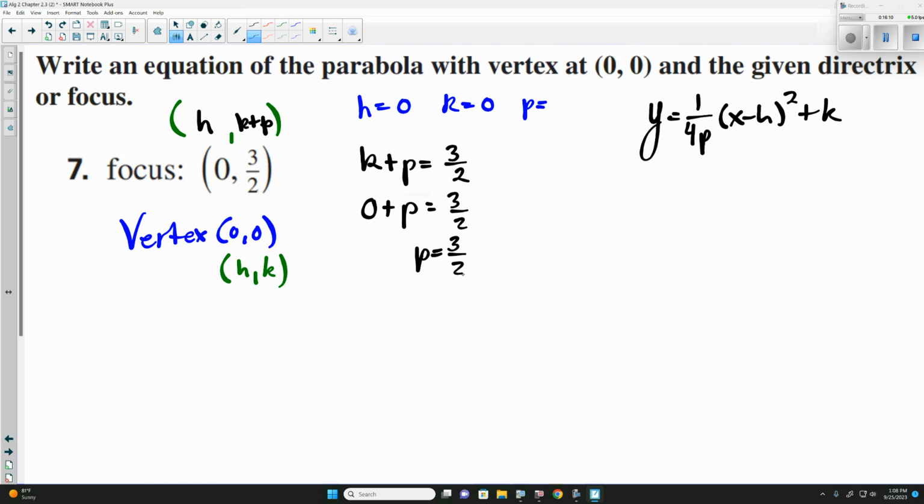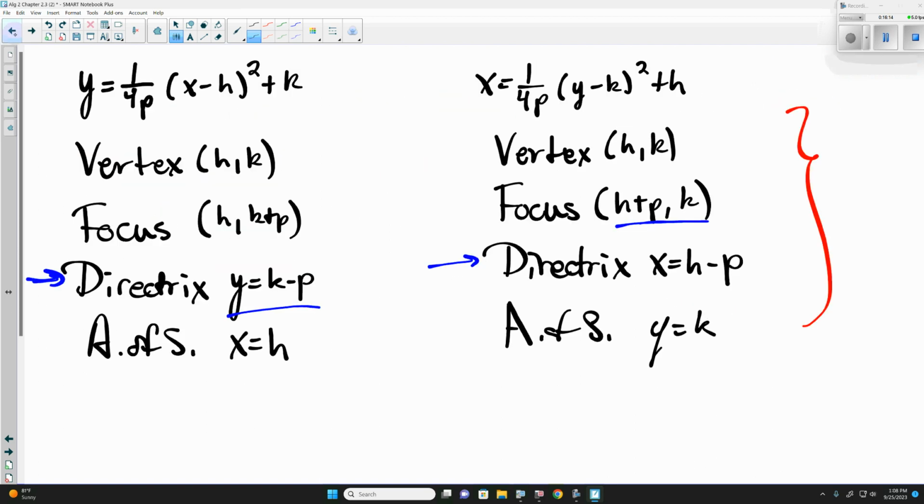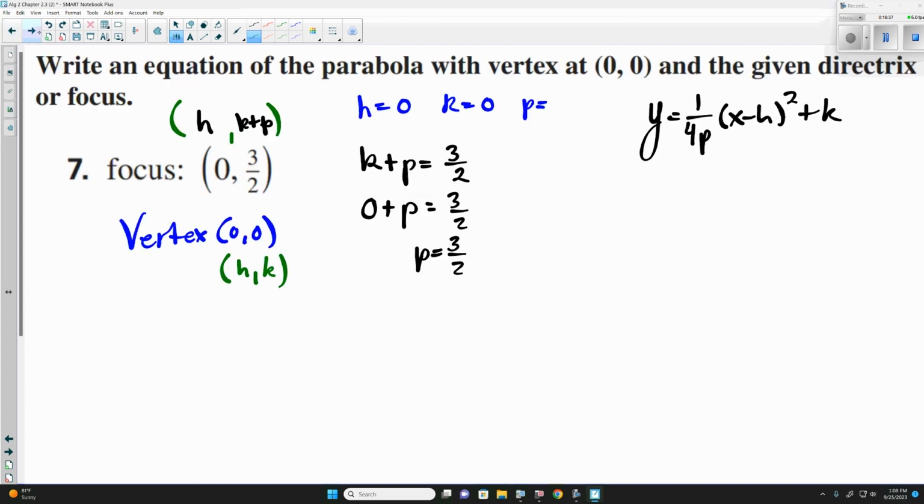Directrix 6. Because if we look at the two forms for the focus, it's either h comma k plus p or h plus p comma k. So the value of p, depending on it, doesn't change from there. But the directrix is y equals k minus p, or x equals h minus p. Because in those cases, we have the opposite of p technically, once we get it by itself.